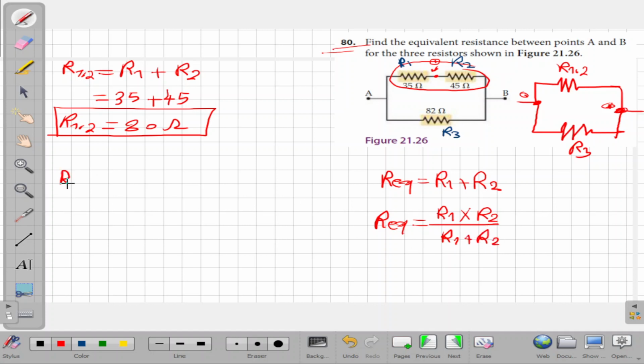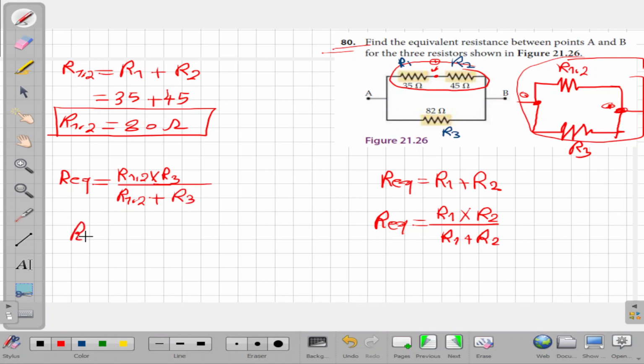So R equivalent of this group of resistors is equal to R12, the first resistor, times R3, the second one, over R12 plus R3.